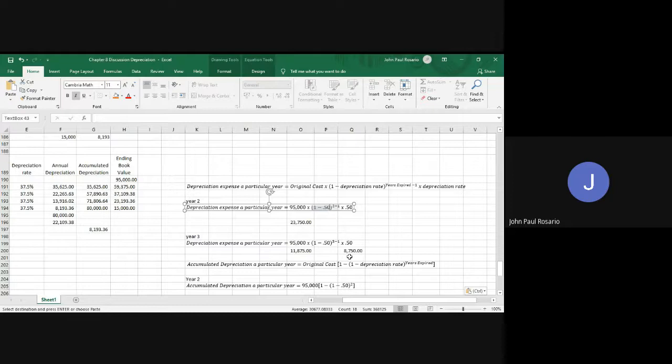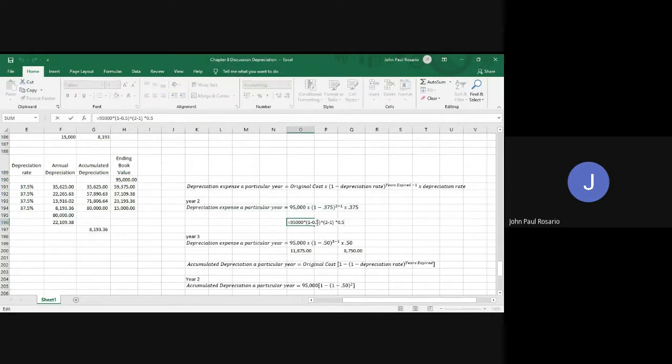Our declining rate is 37.5, then times 37.5. So if we calculate that, we got 22,265.63 as our depreciation expense on year 2, and it's correct.